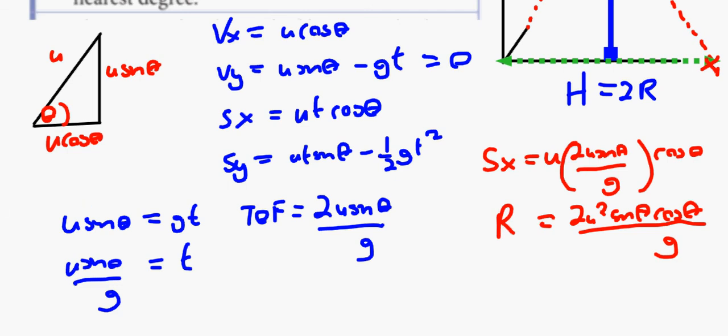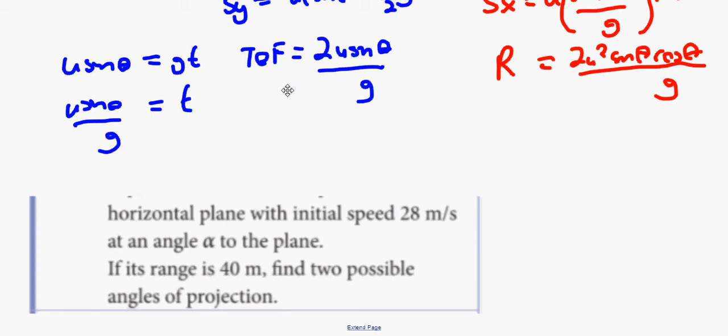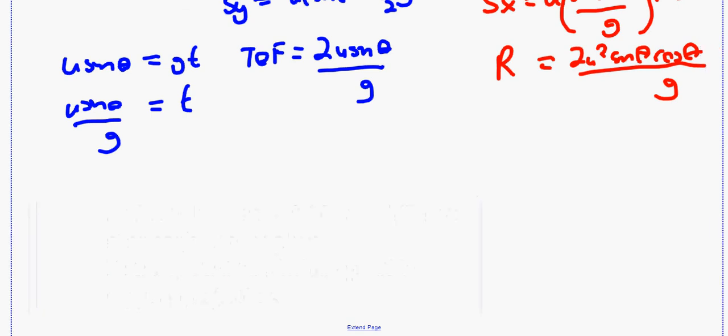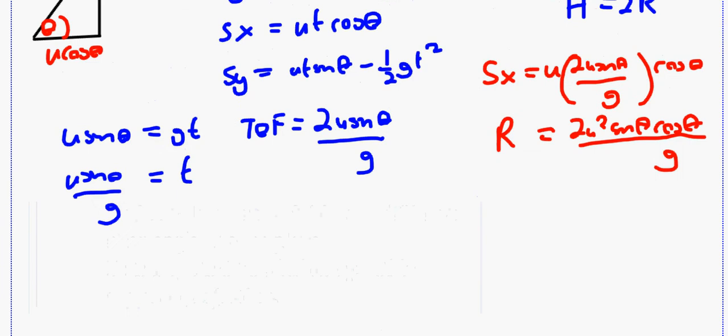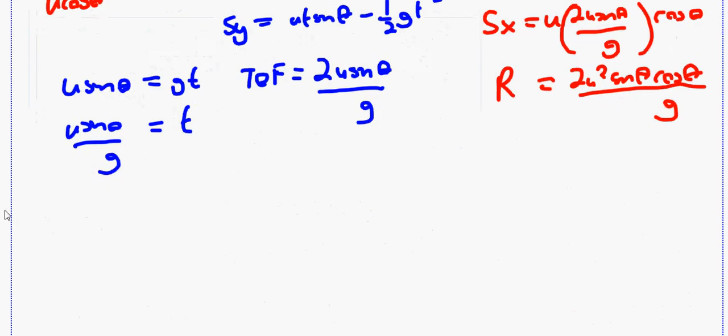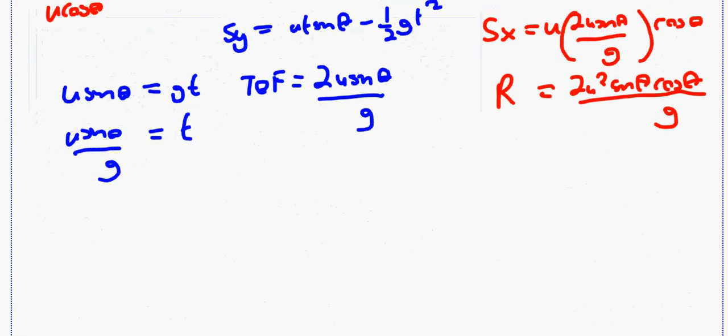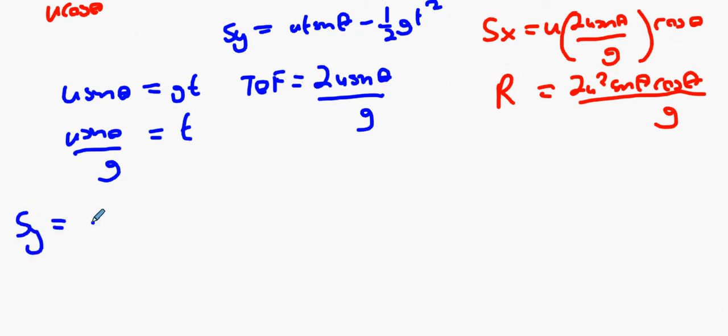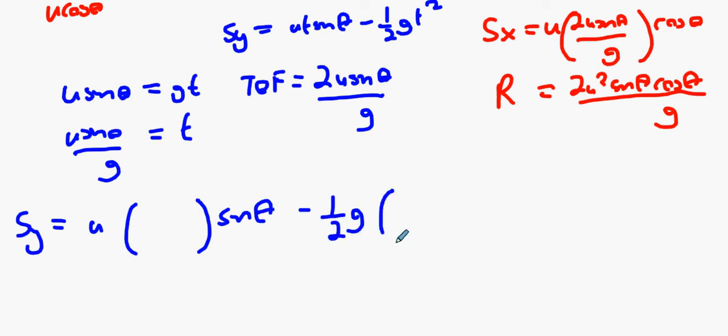Okay? Next thing I'm going to have to do is find the greatest height. What formula do I use for greatest height? Or the blue line? Need to use Sy. What time for Sy? The time to the greatest height, so that's u sine theta over g.